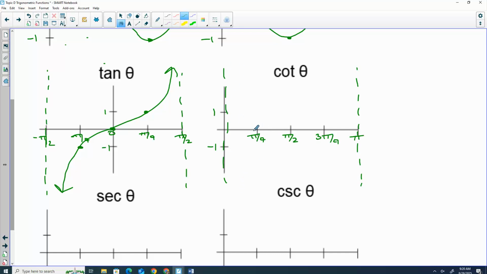If you did pi over 4, radical 2 over 2 divided by radical 2 over 2, it's just cosine over sine, you get 1. At pi over 2, you get 0 divided by 1, which is 0. 3 pi over 4, we get negative 1.